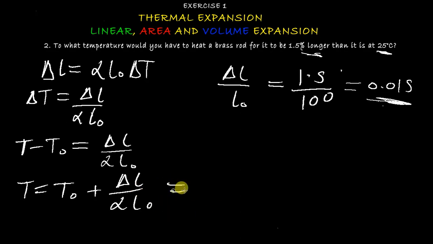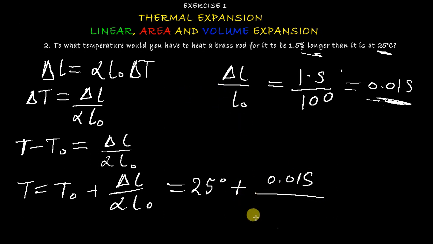So from there, our T naught has been given to be 25 degrees, and that 25 degrees we add to the change in length over L, which we found to be 0.015. Then we divide everything by alpha.